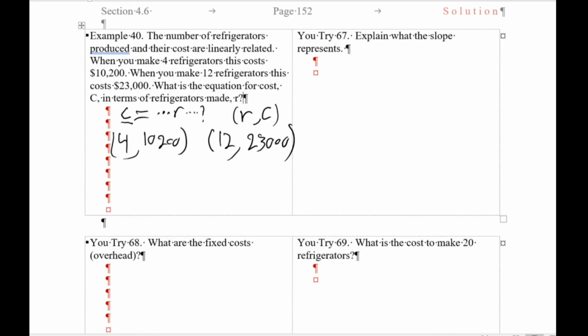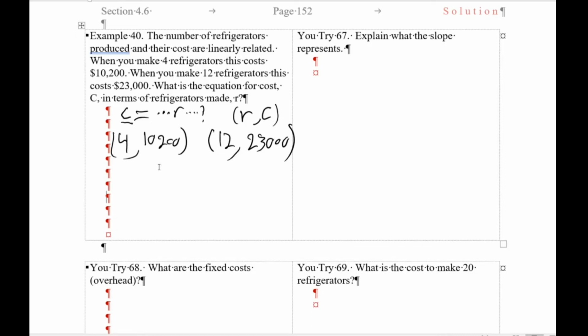Now let's find an equation for this. We know that a linear equation will have a fixed slope. So m equals, here we'll have 12 minus 4 in my denominator, and in my numerator, 23,000 minus 10,200.